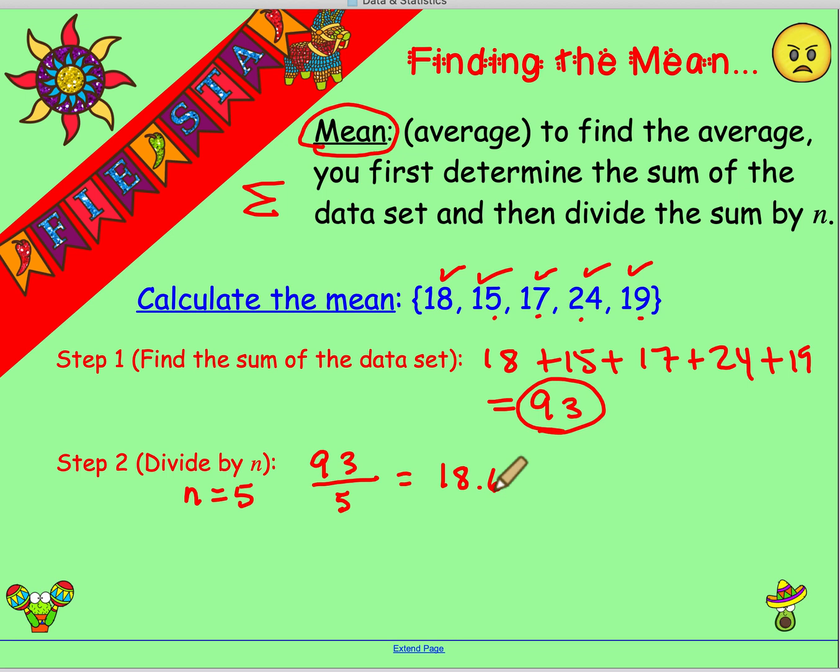If you want to know a little more college math, but you don't really have to know this, in college we call the mean x bar. I did say that wrong earlier: sigma is the sum, and x bar is the mean. So x bar is the mean, and it's 18.6.